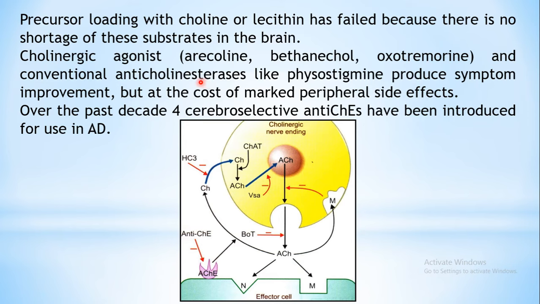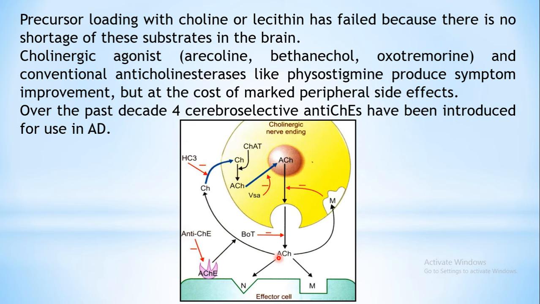Rather, they were not cerebroselective, meaning they could inhibit the metabolism of ACH in the periphery also. Because of inhibition of ACH metabolism in the periphery, what will happen? The concentration of ACH in the peripheral cholinergic system would also increase. But is that what you are expecting over here? Which area is getting affected? It is the brain cholinergic system which is getting affected over here.